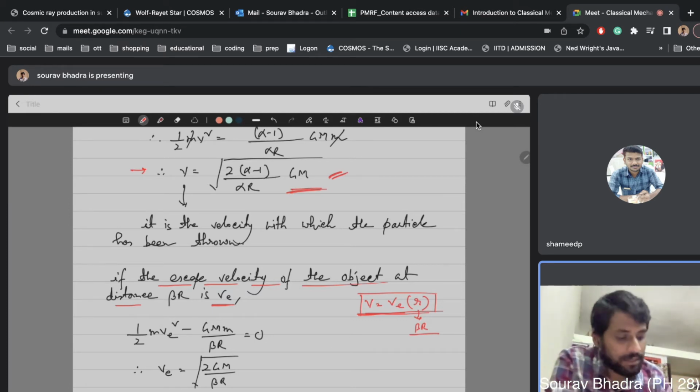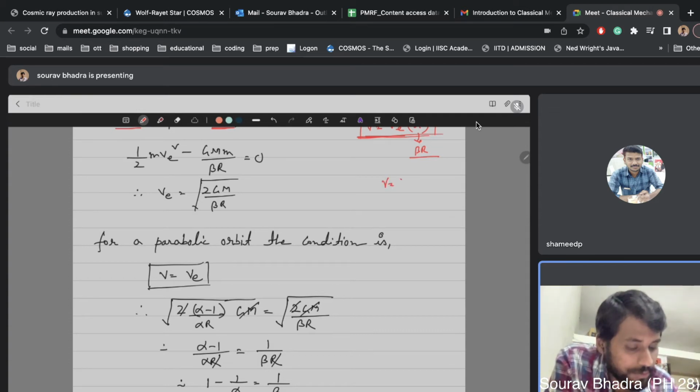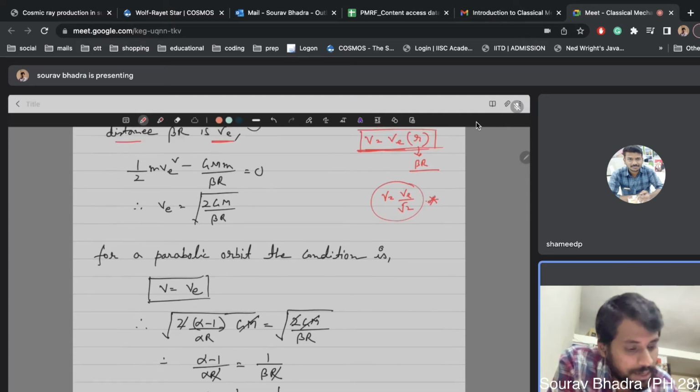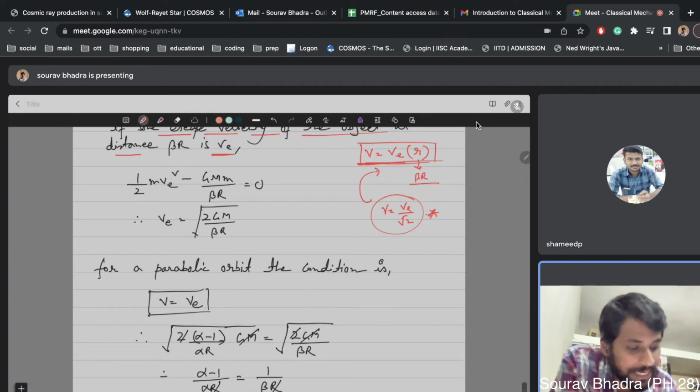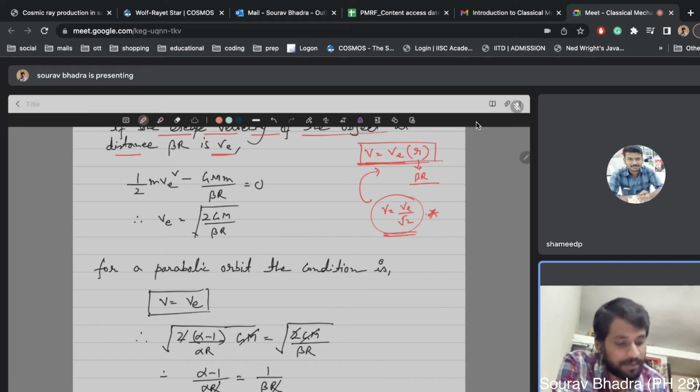Yeah, I think so. There you can see that if v equals ve by root 2, then it will follow a circular path. That part I have done. But if v equals ve, then it will follow a parabolic path. Just try to derive it from the same procedure which I took in that video.